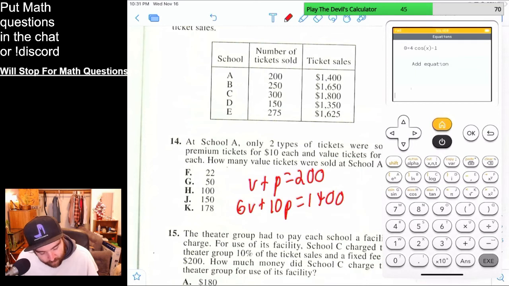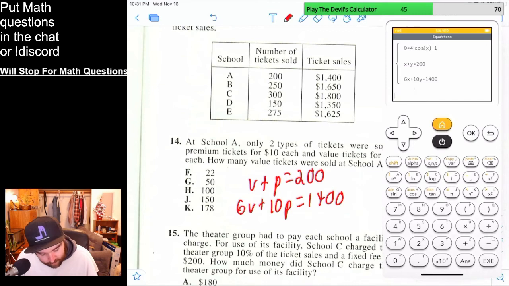I don't know how I can delete that equation. I want x plus y equals 200. And not x plus y, but 6x plus 10y equals 1,400. So those are the two equations.